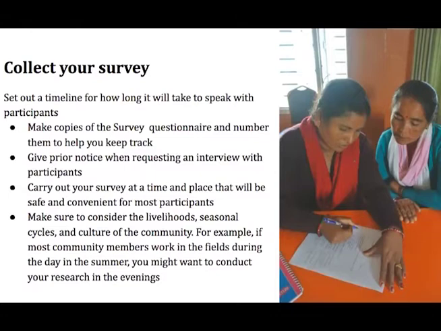We recommend adding numbers, so you keep track of which numbers go to which community, or who is responsible for these copies. Part of the consultation is to give prior notice when requesting to interview or collect data with the community, and consider how and when would be the best for your participants, right?